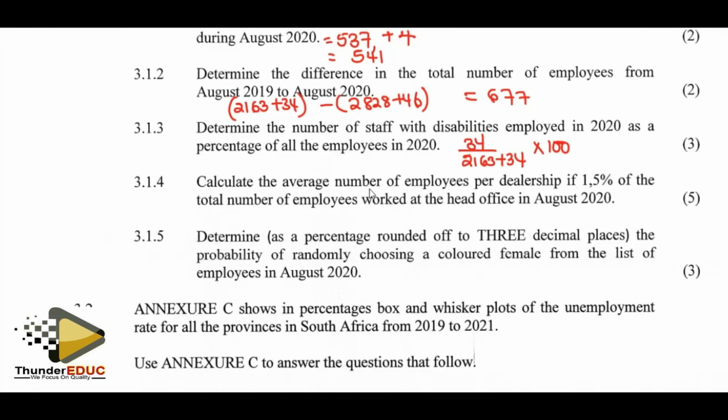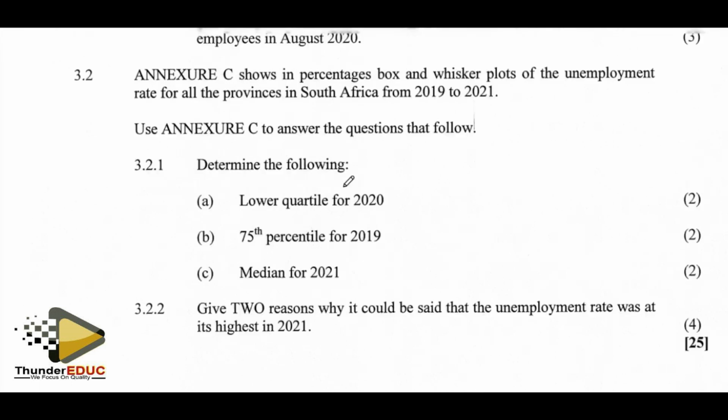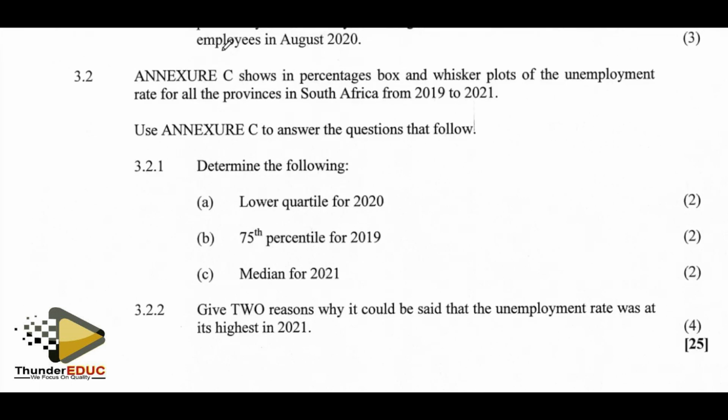Multiply by 100 because you're looking for percentage. 1.5%. Go to the next question.